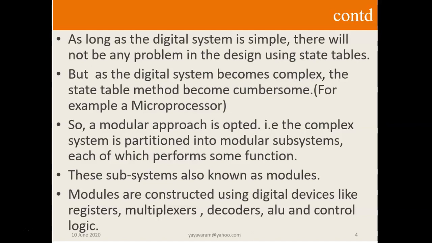So normally engineers adopt a modular approach. That is, the complex system is partitioned into modular subsystems, each of which performs some function. For example, let us take the microprocessor. We know a microprocessor is a very complex system, but it can be divided into smaller subsystems like ALU, registers, counters, memory, bus, and so on.